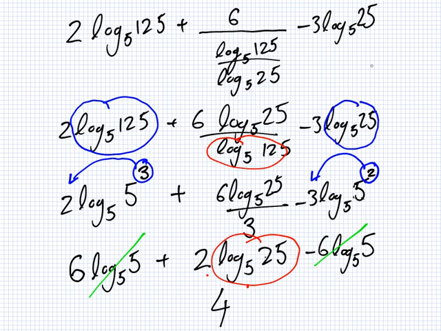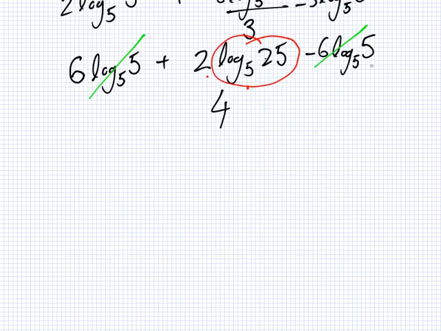Okay. Now, last time we looked at a special number called e. Remember? So, for example, something like this, log base e of 7.29.